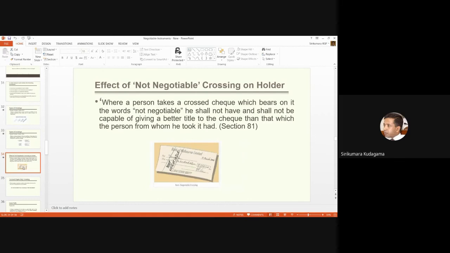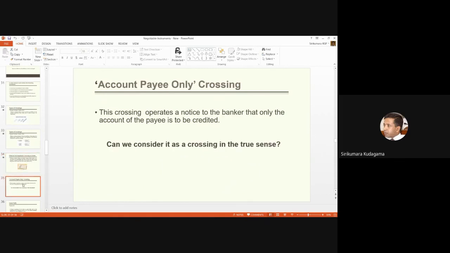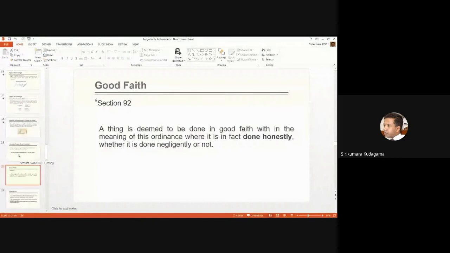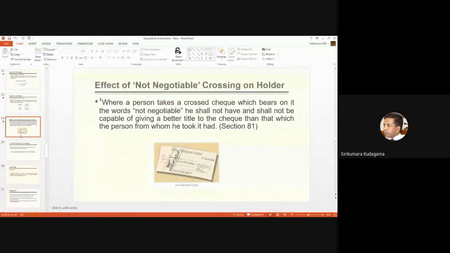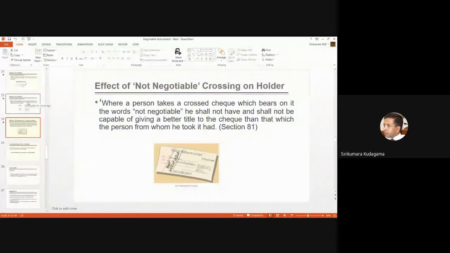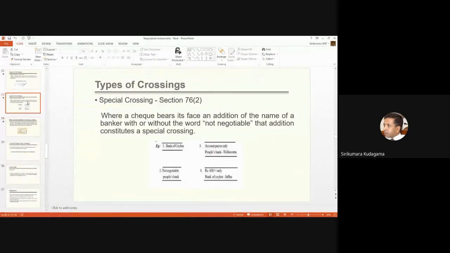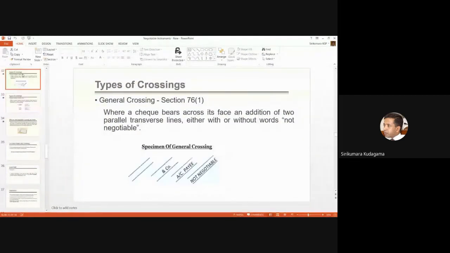Then we'll see what is the effect of a crossing on a check. Now this is the effect of a not negotiable crossing on the holder. Before that, we'll consider what a crossing really means. When you get a crossing, maybe it's a general crossing or a special crossing, whichever it is, if you have got a crossed check, it means that in banking practice, you cannot get it encashed over the counter.